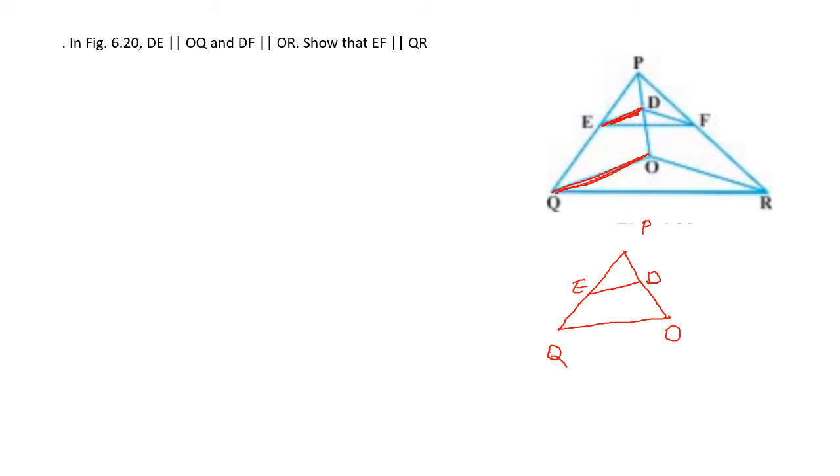Now from this what can I write? In triangle POQ, they have given DE is parallel to OQ. Now if I write basic proportionality theorem, what will I get? PE by EQ is equal to PD by DO. That is first equation by BPT.